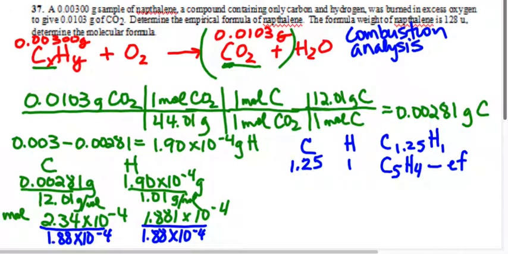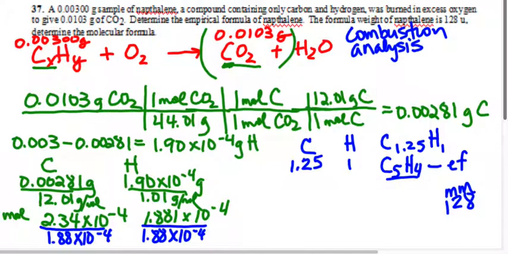All right. Then it says the formula weight of naphthalene is 128. So they're saying the molar mass is 128. So how do I find the molecular formula? Find the molar mass of the empirical formula. What does that come out to be? About.